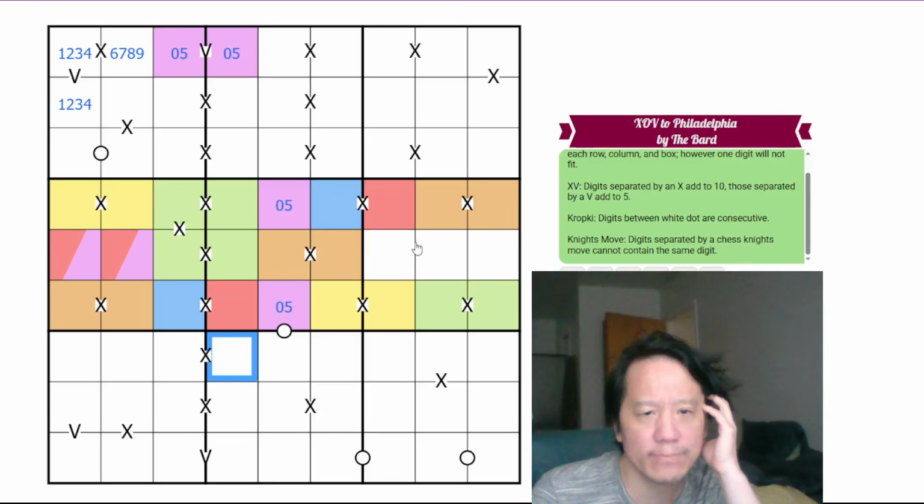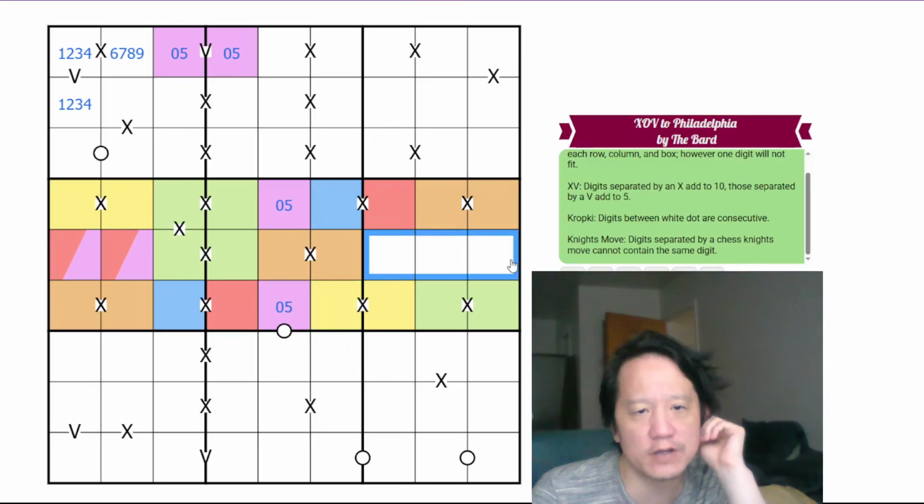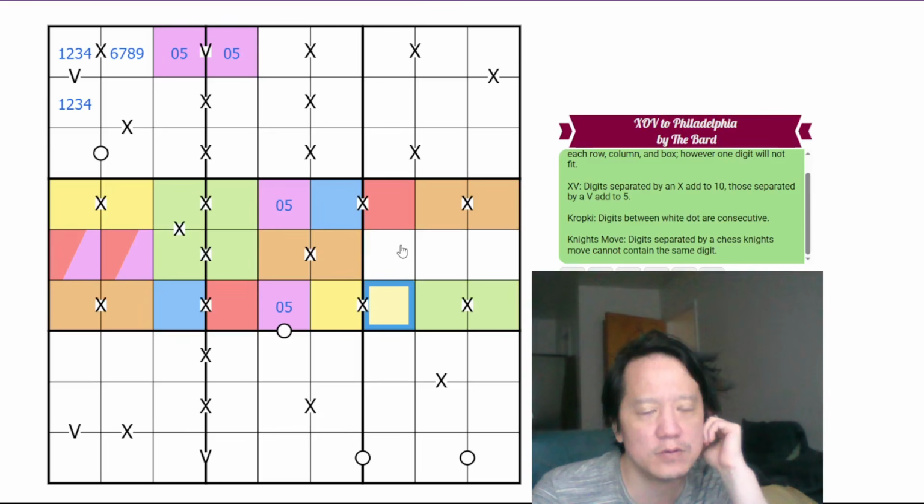And this digit is the... We don't have red. It could be blue or some combination. It can't be this yellow. So it has to be blue, yellow, the yellow that's not here, and then one of the 0-5s.